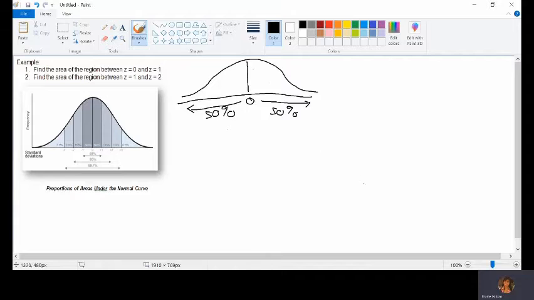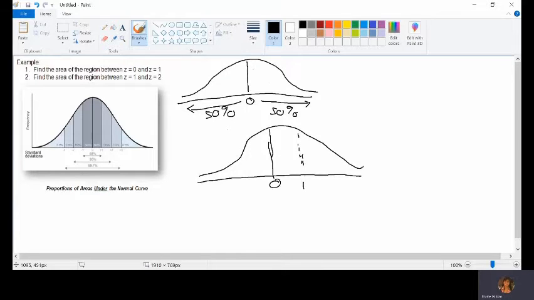Okay, so for example, this is your 0. The area of a region between z is equal to 0 and z is equal to 1. Okay, so this is your 1. So sorry about my drawing. So this is your 1.